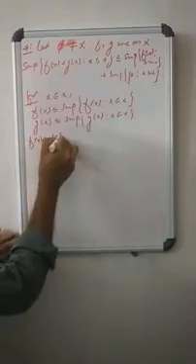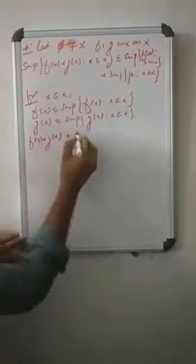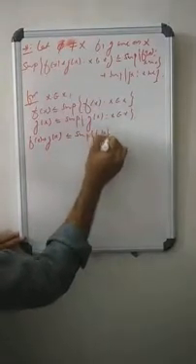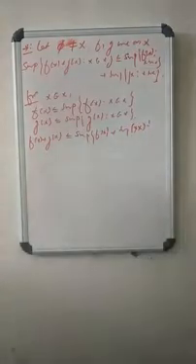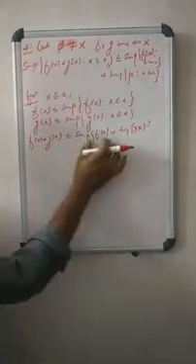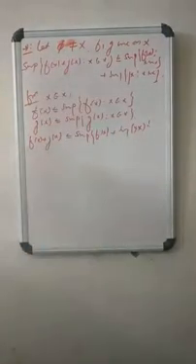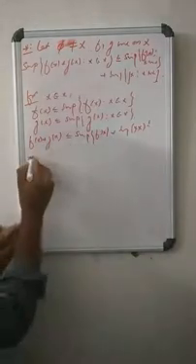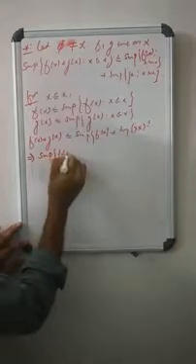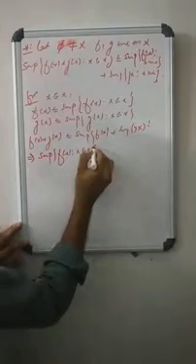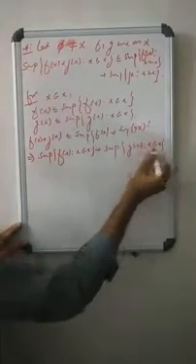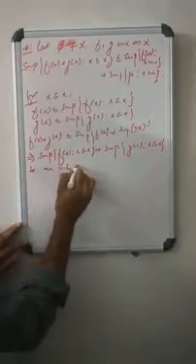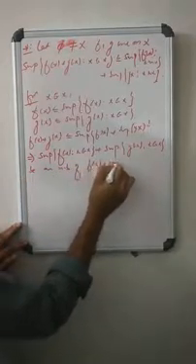So f of x plus g of x is less than or equals, on addition, supremum of f of x plus supremum of g of x for all x in X. That means supremum of f of x plus supremum of g of x is an upper bound of f of x plus g of x.